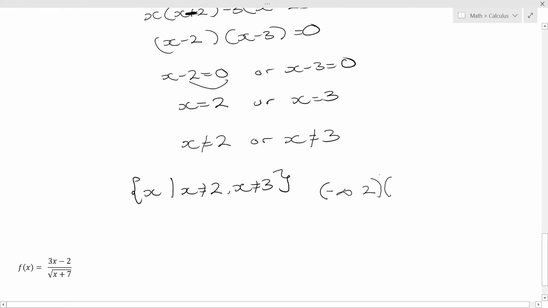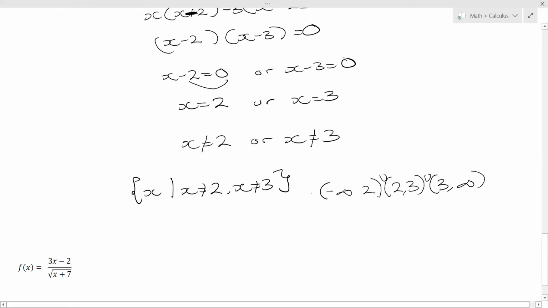So we have a union, 2, 3, and then another union. Sorry, I keep forgetting the union. And then 3, infinity. Because 2 and 3 are not included. x can neither be 2 nor 3.